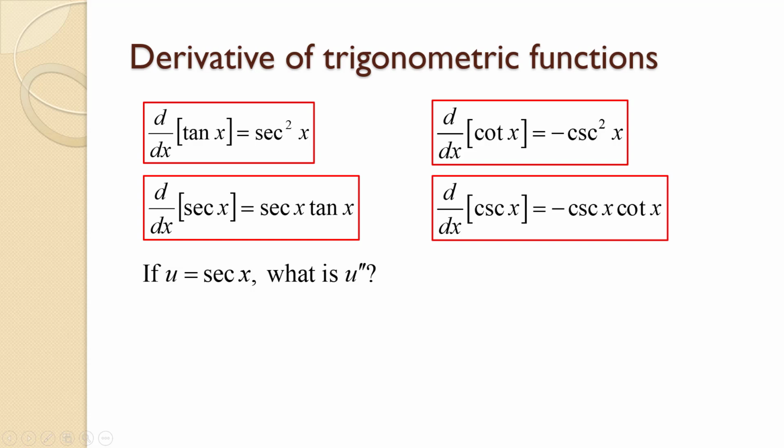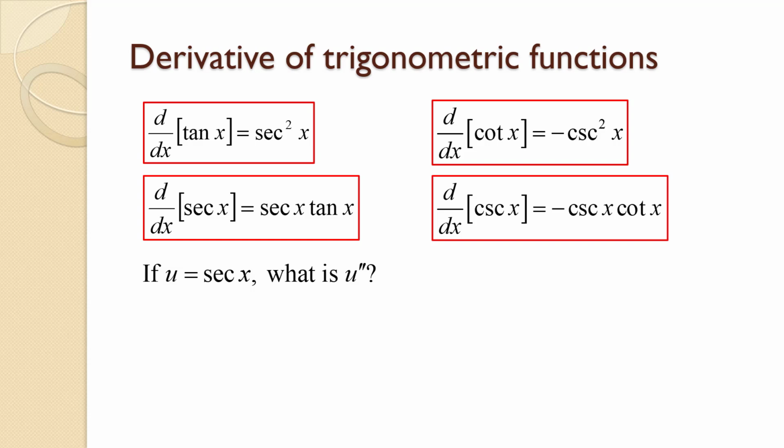So without going through the rest of them, here are the derivatives of the remaining trigonometric functions. I've also paired them up in a way that I hope you can remember them. The derivative of tangent is secant squared of the angle. The derivative of the secant of the angle in terms of the changing angle is just the secant of the angle times tangent of the angle. Now notice the derivative of the cotangent of the angle is negative the cosecant squared of the angle.